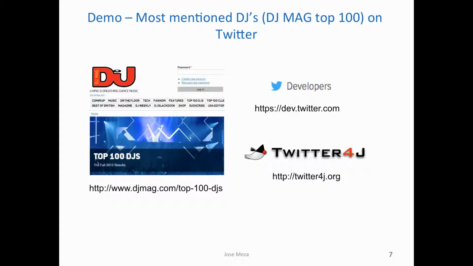In the demo that I'm going to show you, what I try to show is what DJs are being mentioned in tweets. So I took the DJ Magazine's top 100 DJs for 2012, and I searched for them in the Twitter feeds.